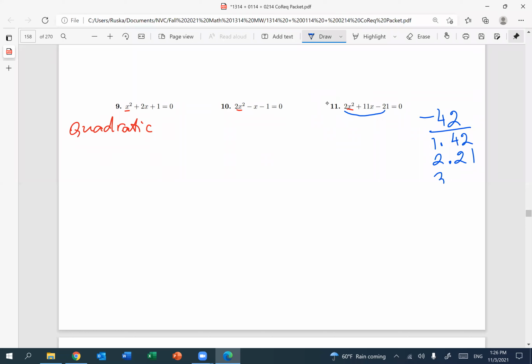You can divide by 3 also. Actually, I think these are the numbers, because one of those has to be negative to get negative. So these are the numbers we have.